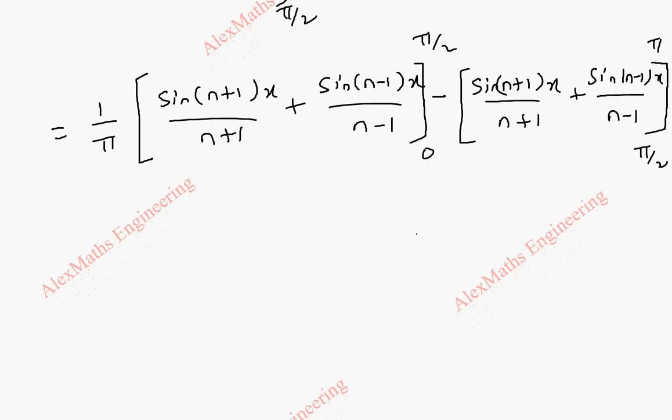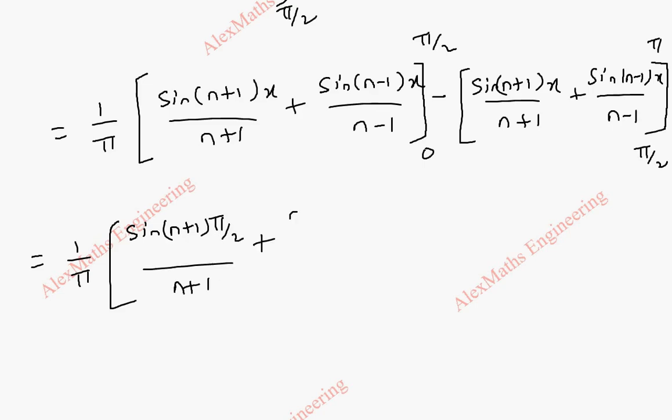Now substituting the upper limit, we get 1 by pi, now sine of (n plus 1) into pi by 2 by (n plus 1) plus sine of (n minus 1) into pi by 2 by (n minus 1). When I put the lower limit, everything is 0. Similarly, sine multiples of pi will become 0. So when I substitute the upper limit for both of them, it is 0.